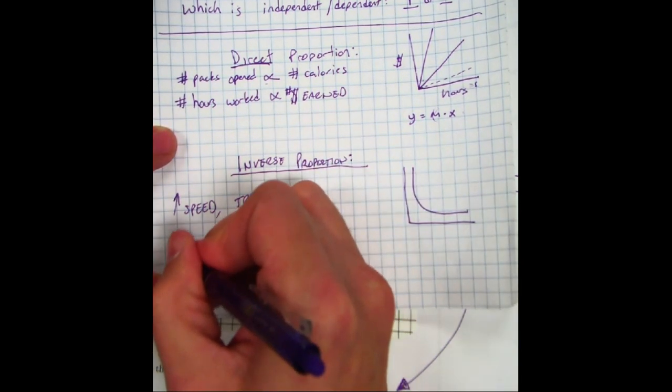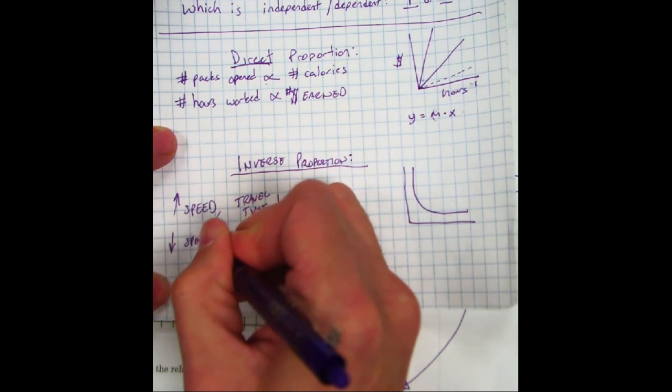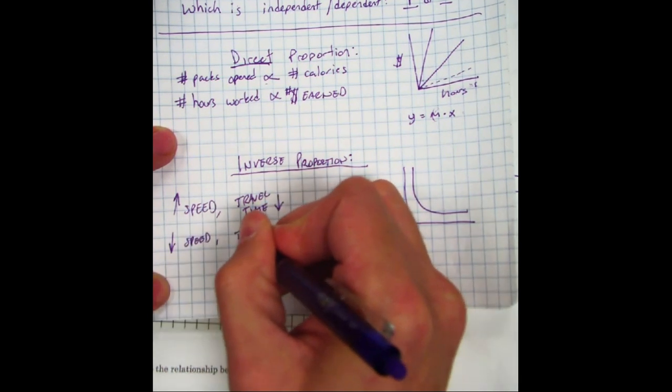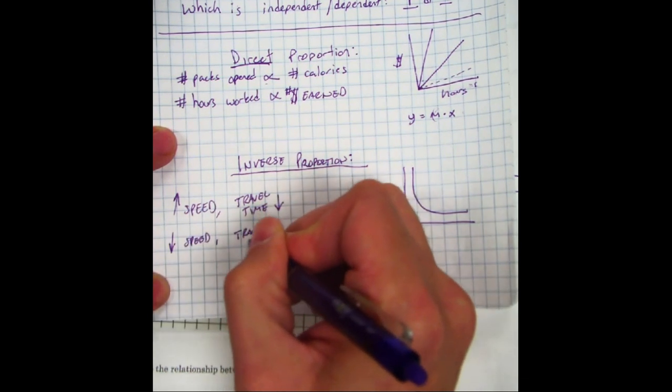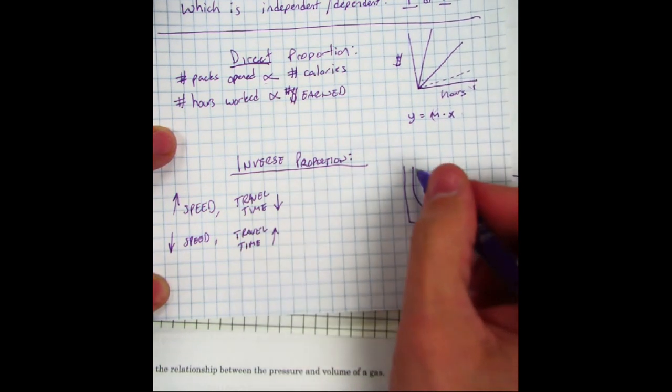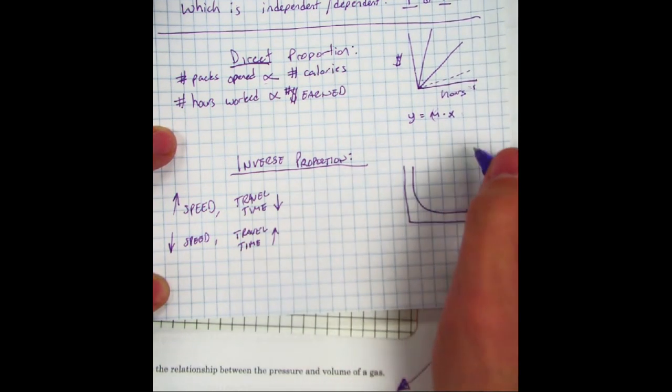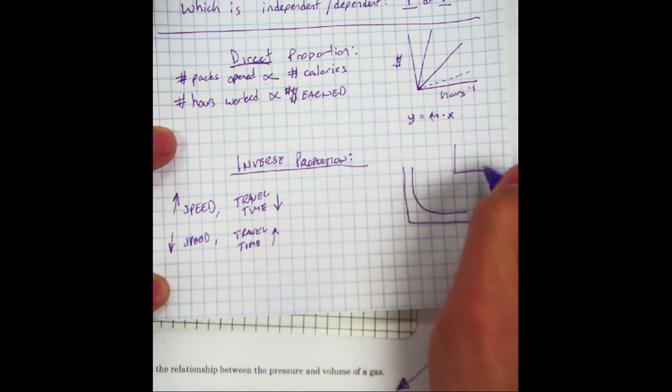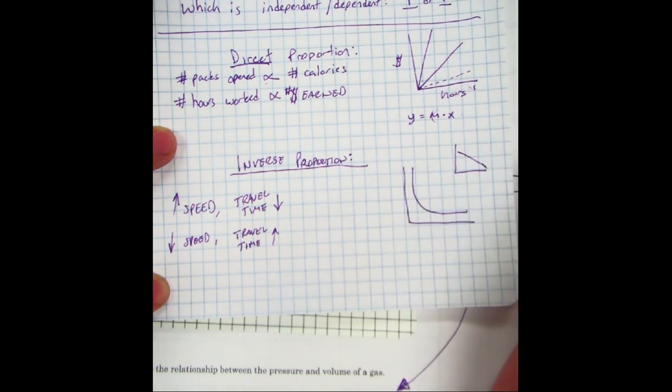As you decrease your speed, your travel time will increase. But you might be thinking, well, why is it not just a straight line but going down?